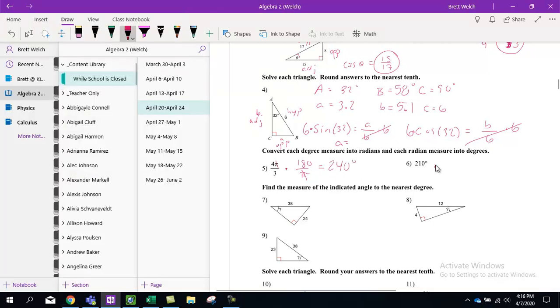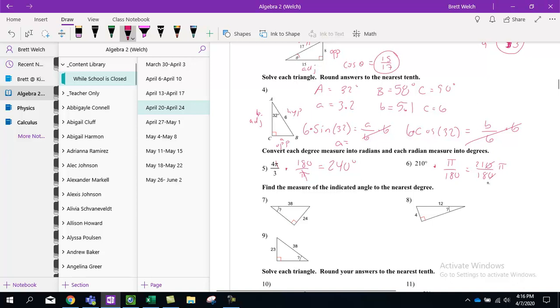This is the exact opposite. We're going to multiply by pi over 180. I don't actually want to multiply by pi. What I want to do is take 210 on top of 180 with my pi and see if 210 and 180 reduce. Looking at them, I know they both divide by 3 or by 30, right?